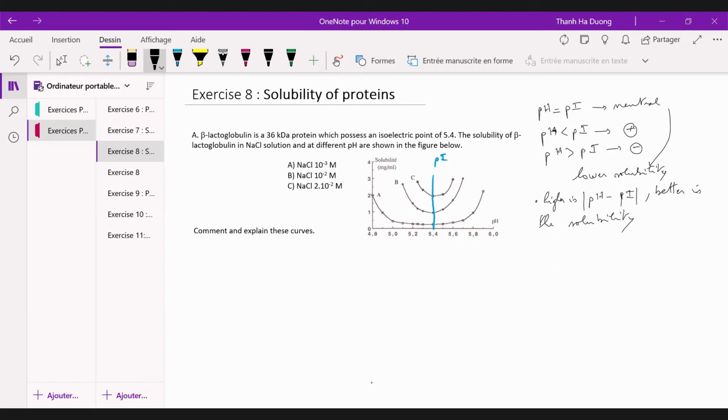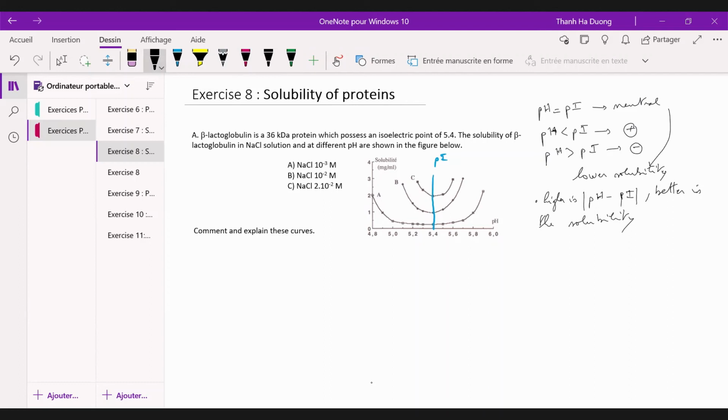Okay, so that's why when we increase or decrease the pH, we increase the solubility, because the difference between pH and Pi is higher.